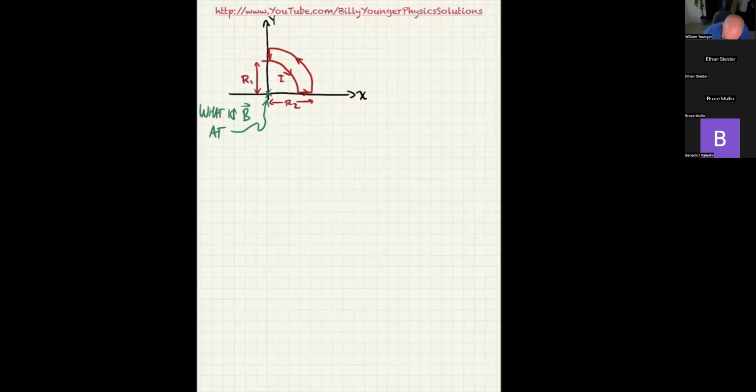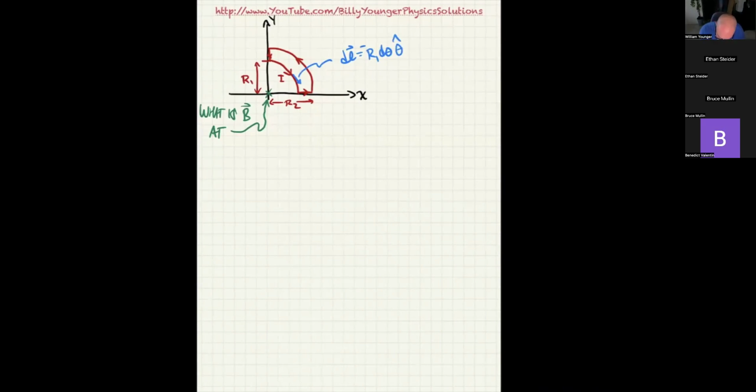Now, what we can do is imagine very specific vectors. So right here, I'm going to make this my dl, and that's going to be r1 d theta. And that's going to point in the negative theta hat direction. Yeah, that is a negative theta hat direction.